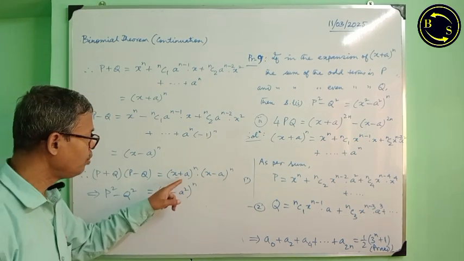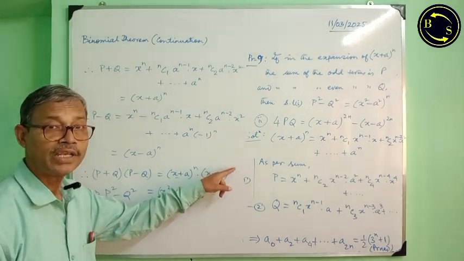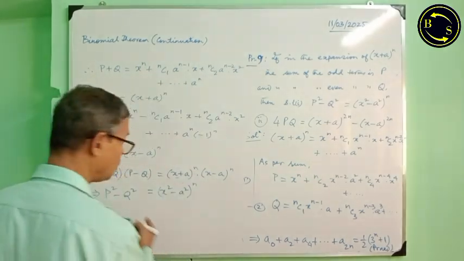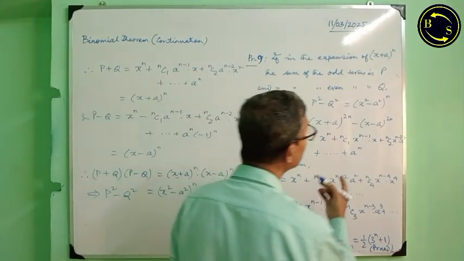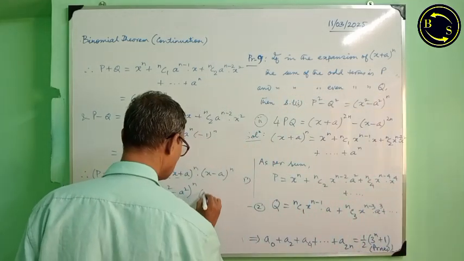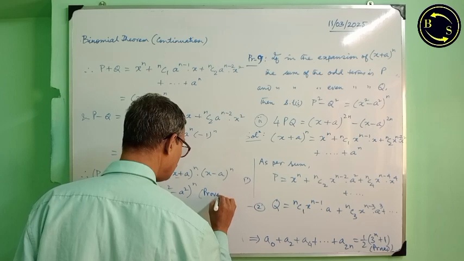This is of the form p to the power n into q to the power n, that is pq whole to the power n. Therefore this one we have got this result, which is RHS, proved.